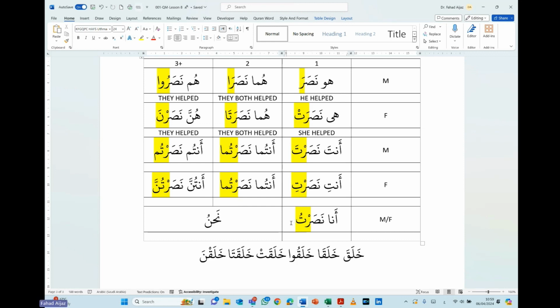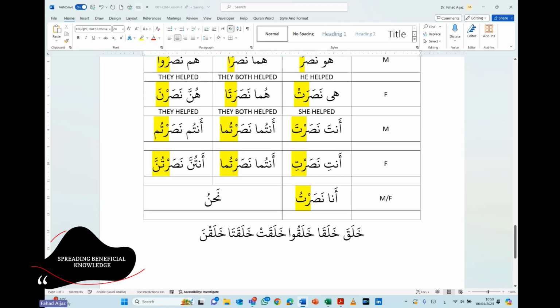If you have to produce the khalaqa versions, let's write them down.